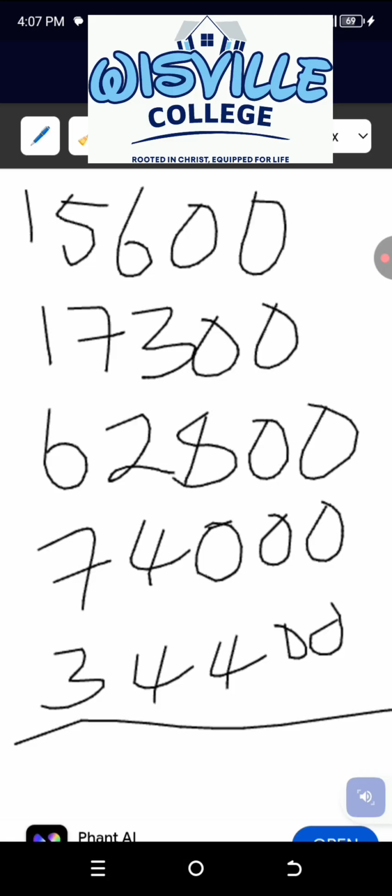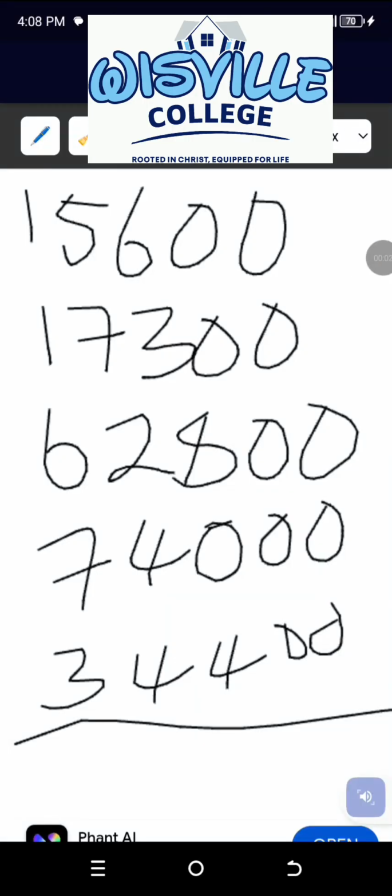The question says the populations of 5 towns are 15,600, 17,300, 62,800, 74,000, and the last one is 34,400, each to the nearest 100.